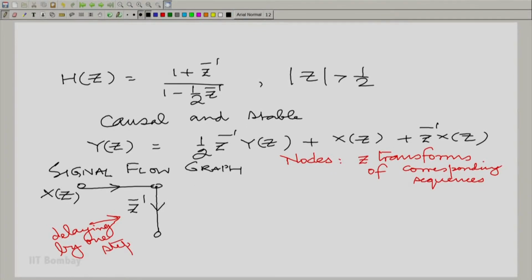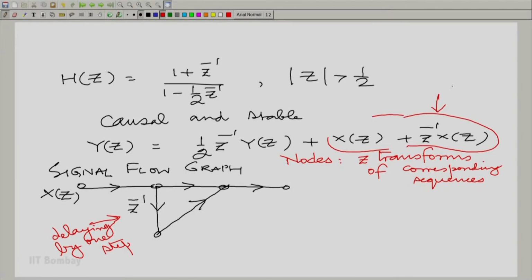Now, you keep this as it is, delayed by one step, and then add there. So, here we have generated this part of the term. I am marking it as 1 and I am saying 1 has been generated here.